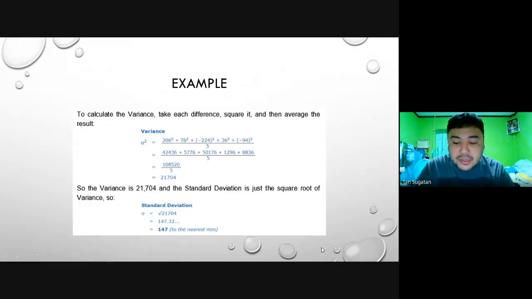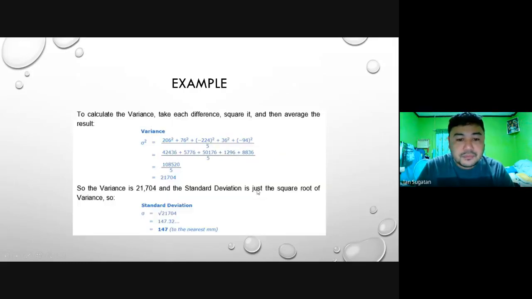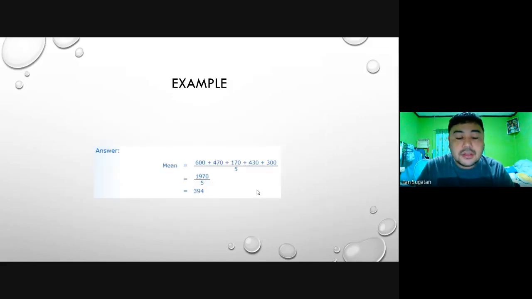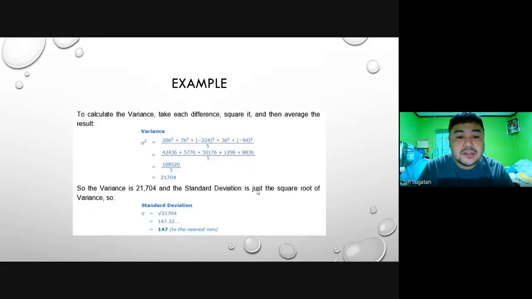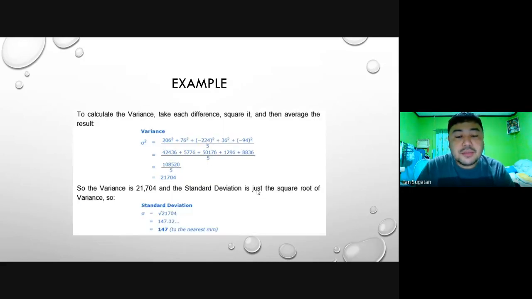If you subtract 394 from 600, the answer is 206. Then square it. Squaring 206 gives 42,436. For 470, subtract the mean 394, and the answer is 76.